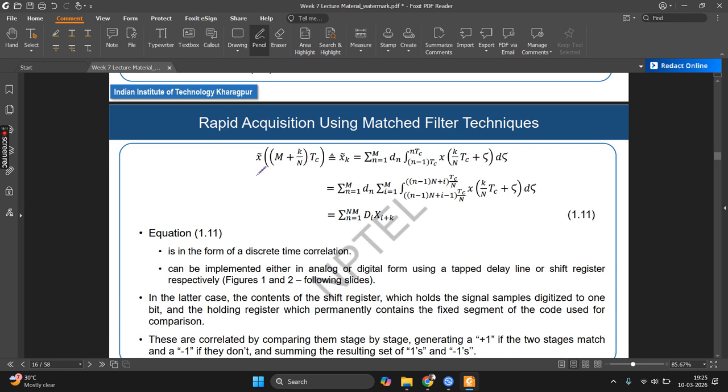Finally you will get the sample to be d_i times x_{i+k}, where k is the multiple of the chip rate that the current sample is in.